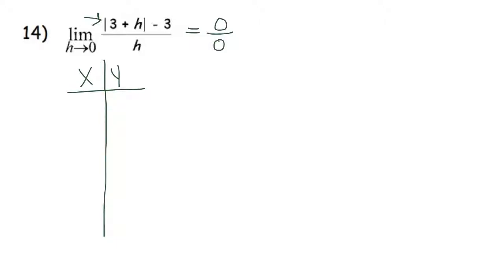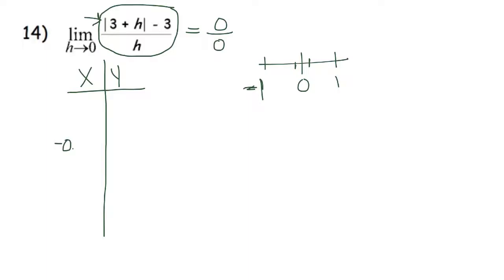So we have x and y, and we're going to look right here at those values. And so h is approaching 0, so let's think about our number line and 0. So we have 1 here and 1 here. Negative 1 over here, goodness. So let's think about this. As we're approaching 0, getting closer and closer, we want really super duper close to 0. So what about on one side of 0? Well, we have negative 0.001. We could do negative 0.0001, and then we could throw in a whole lot more zeros there.